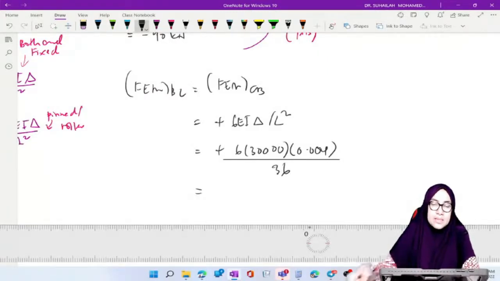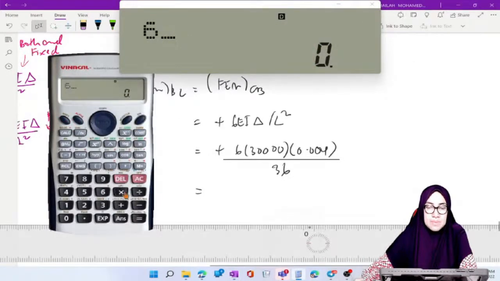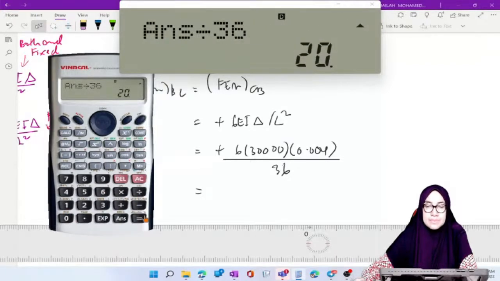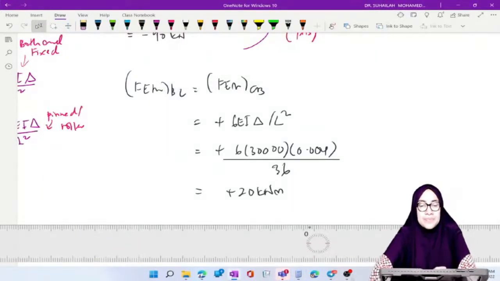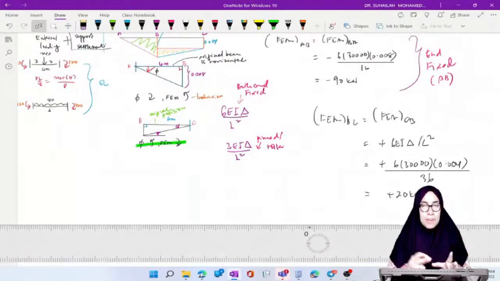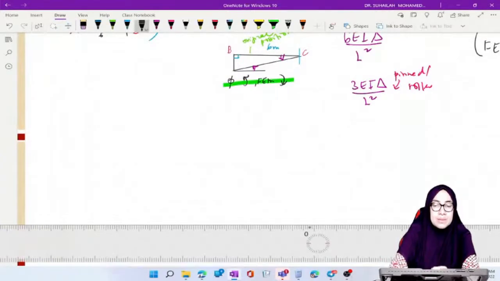So we get positive 20 kilonewton meter. Now all this I want to combine. So combine FEM.